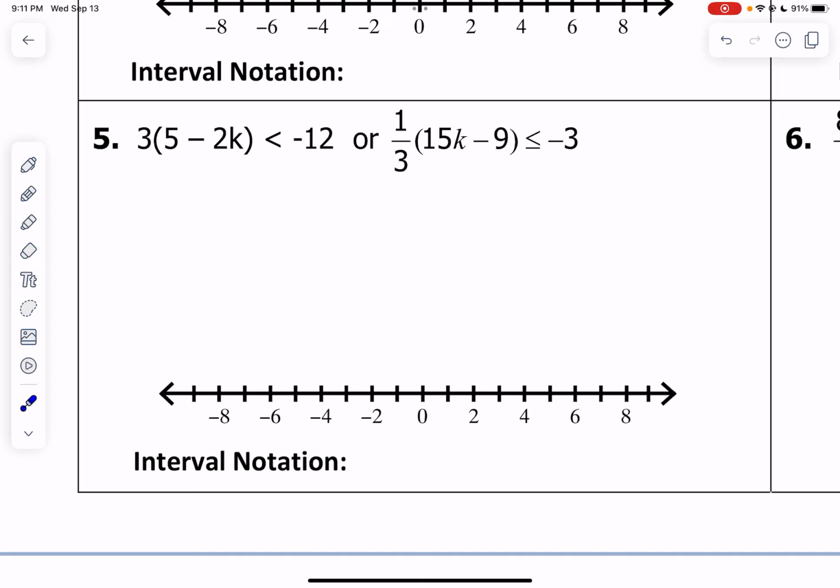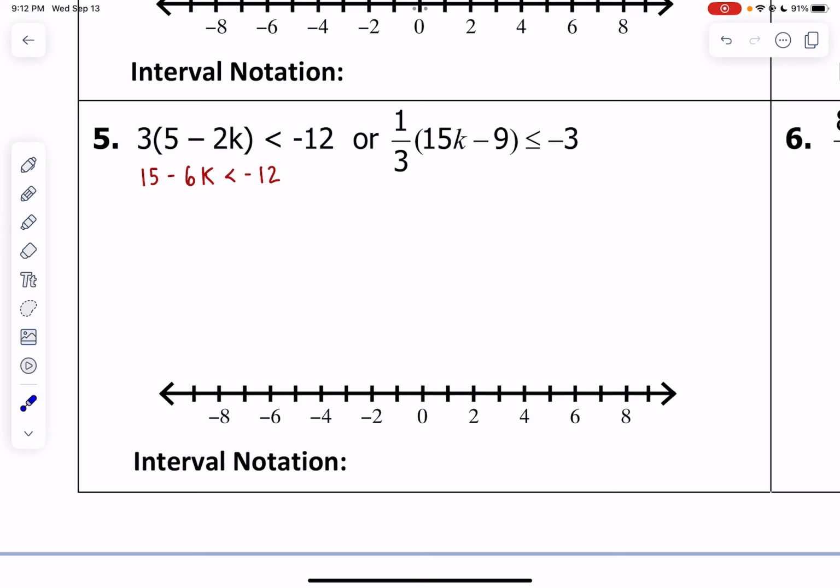So here in this first inequality, you're going to want to distribute this 3. So let's go ahead and do that. You should get 15 minus 6k is less than negative 12. And here, there are different routes you can take at this point. But what I always recommend to everyone is that we keep the variables on the left-hand side.